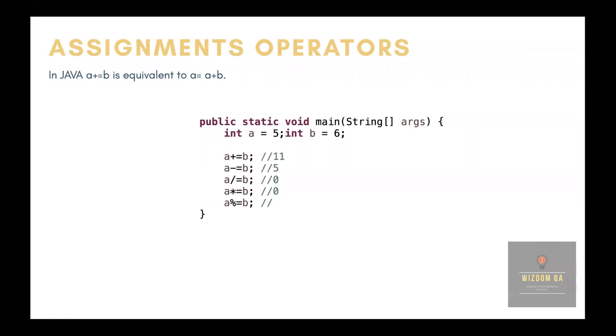Okay, this is very simple. Assignment operators. Assignment operator means you are assigning some value. You have already seen this here: A assigned a value of 5. When you are declaring a variable in Java or in any programming language, the best practice is to give a default value to that variable.